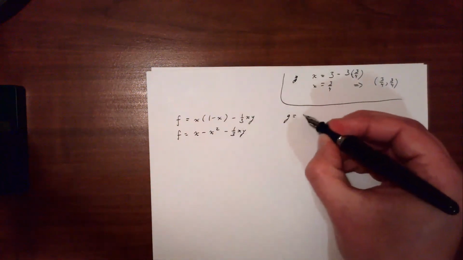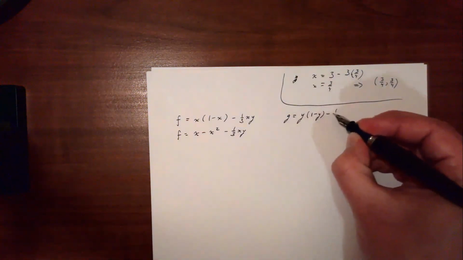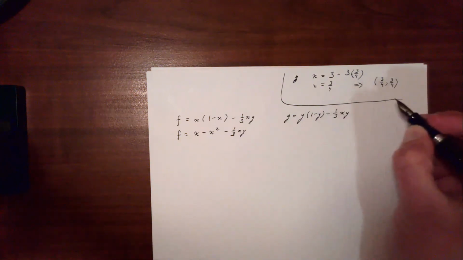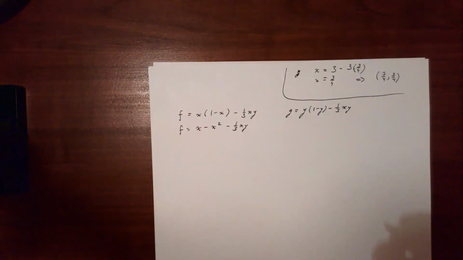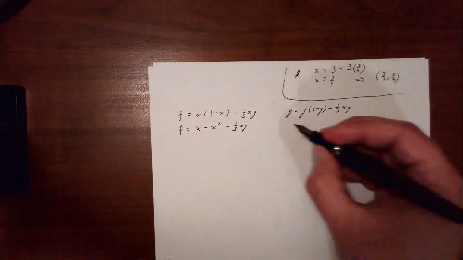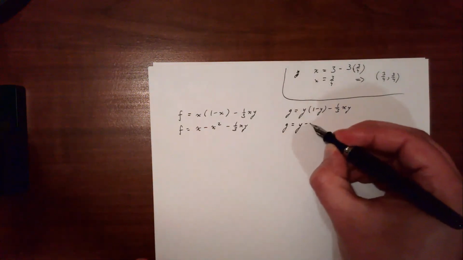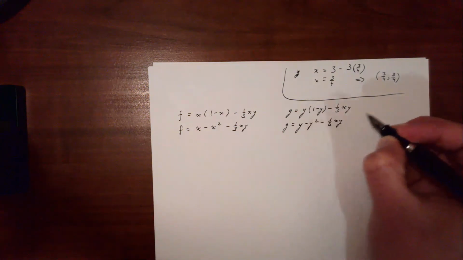G is very similar. Y times 1 minus y minus 1/3 xy. So these equations are basically symmetrical in x and y. Then it's going to give us y minus y squared minus 1/3 xy.